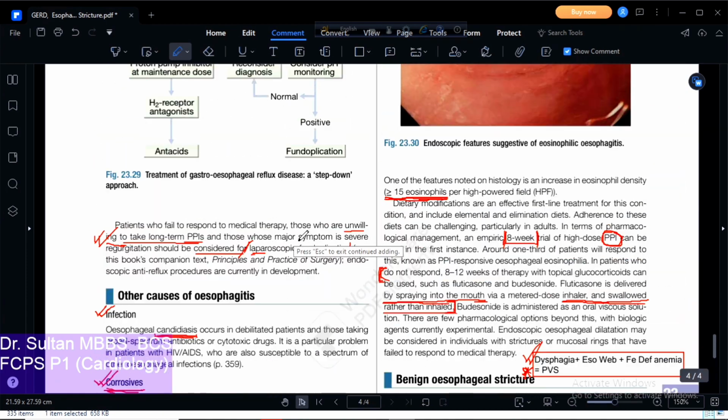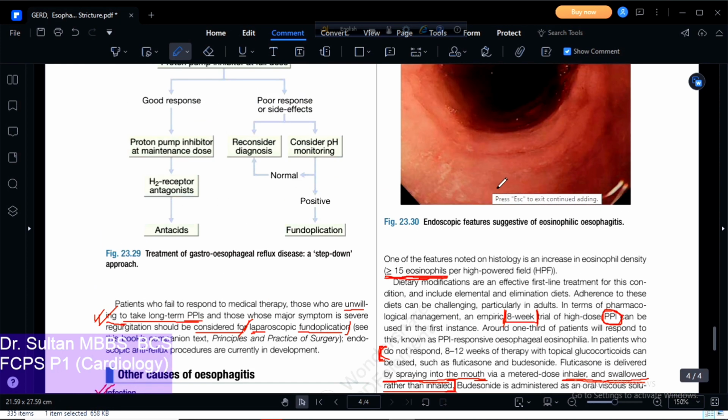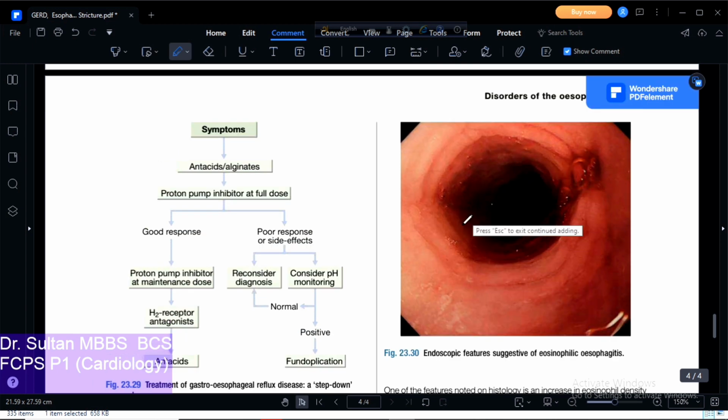On histology, what you see is greater than or equal to 15 eosinophils. Here you can see an endoscopic feature of eosinophilic esophagitis. It can look like this.